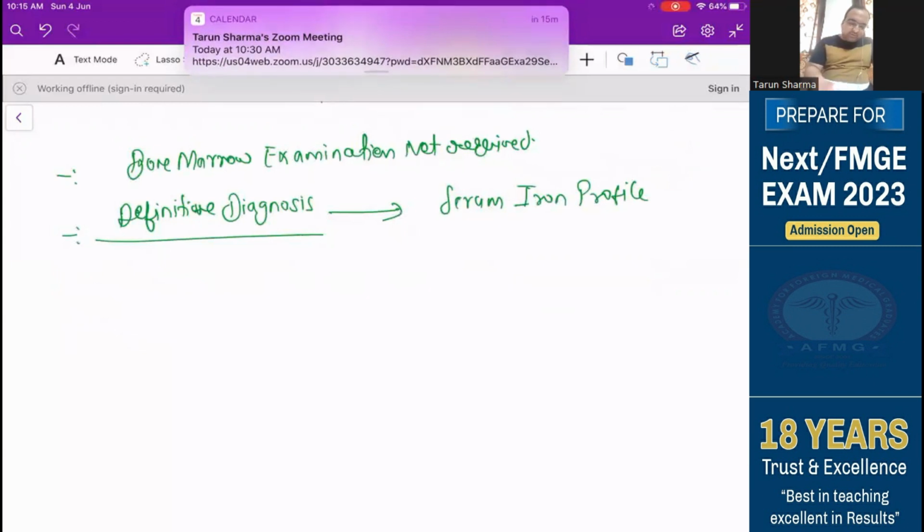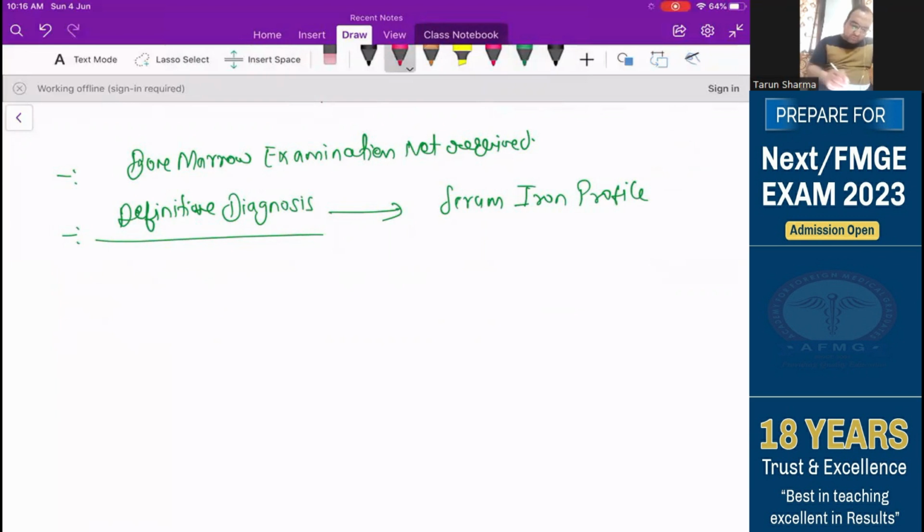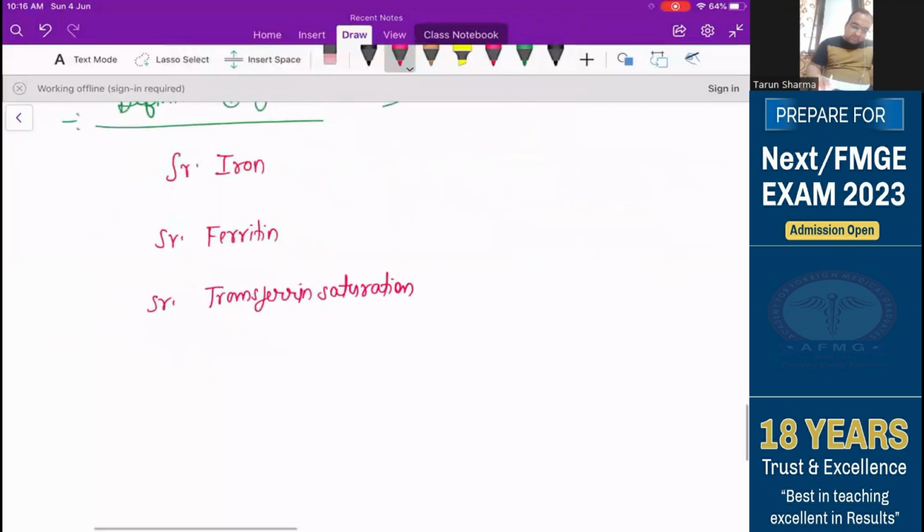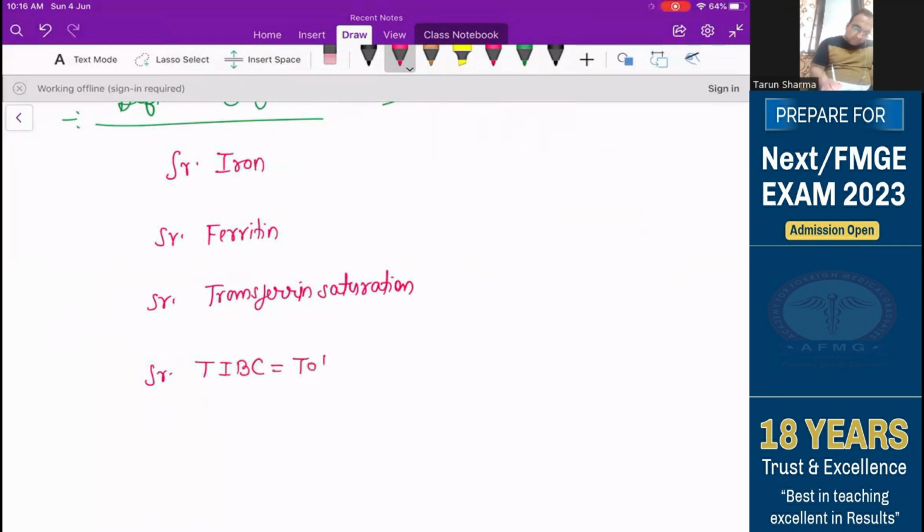So what will be there in serum iron profile? Let's see. In serum iron profile, we are going to offer certain tests to the patient, like serum iron, serum ferritin, serum transferrin saturation, then serum TIBC, that is total iron binding capacity, then serum transferrin receptor assay.